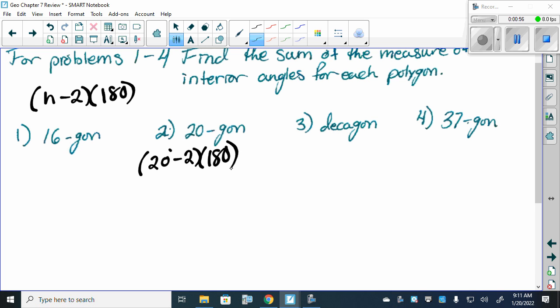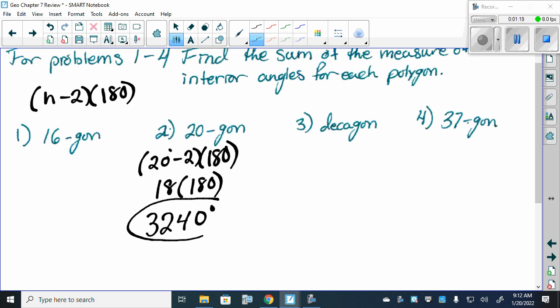At this point you could type it into the calculator and you'd be done. We can say 20 minus 2 is 18, and 18 times 180 is going to be 3,240 degrees.